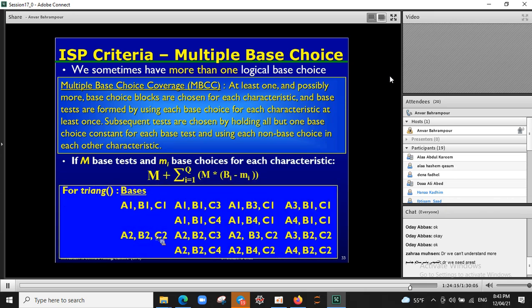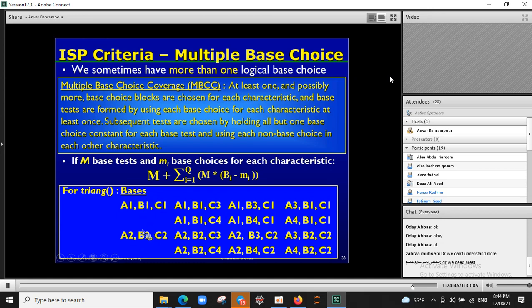For example, in our triangle case, we have defined two base choices, and according to any of these base choices, we could define extra tests by considering two of these characteristics constant and changing one of them.